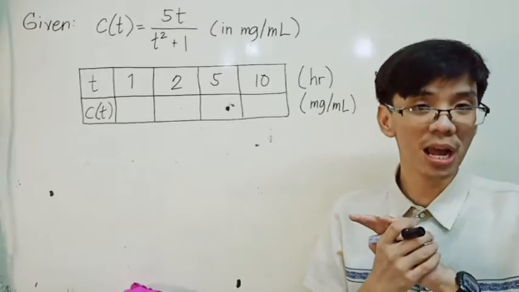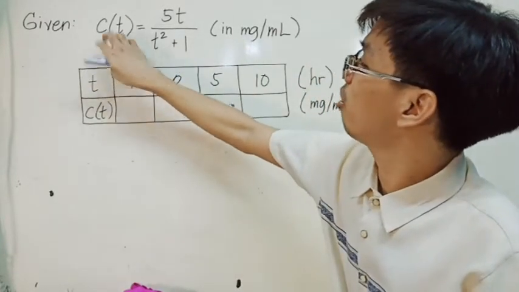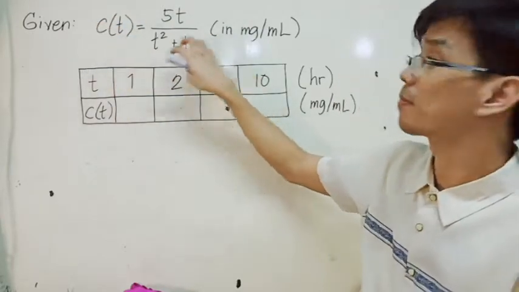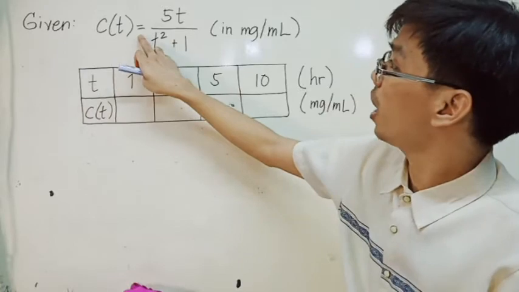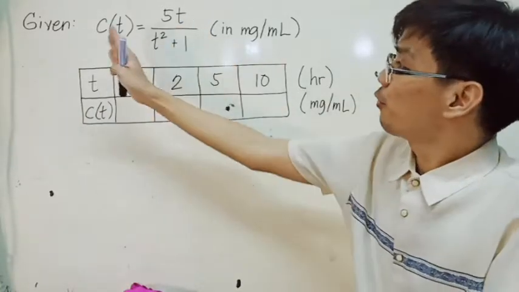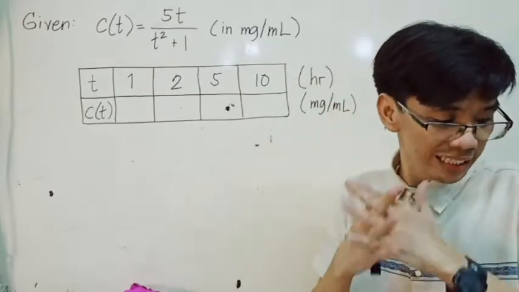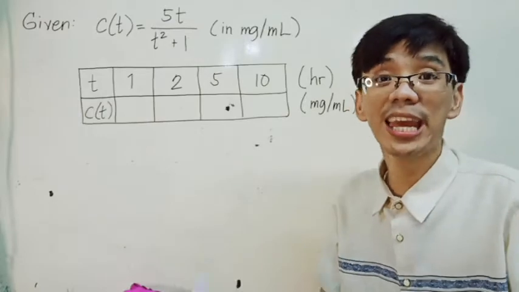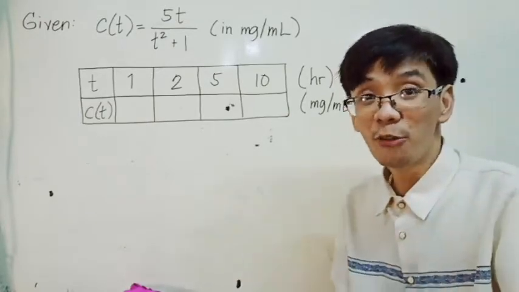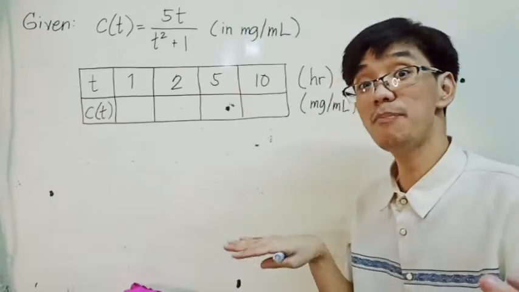From the given problem, it was supposed that the concentration of drug in a patient's blood is represented by this function. C of t is equal to 5t all over t squared plus 1. So, from this problem, we are asked to create a table of values and after that, sketch that table for us to see how the graph will behave.